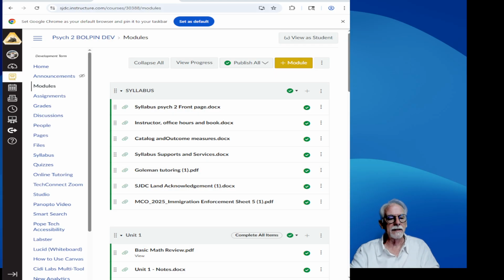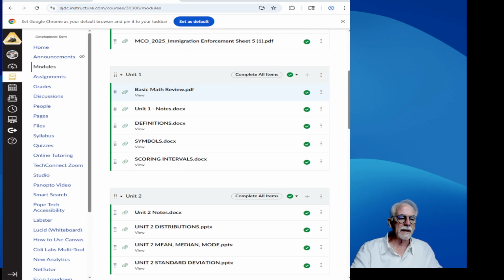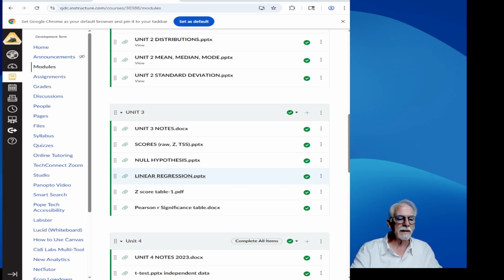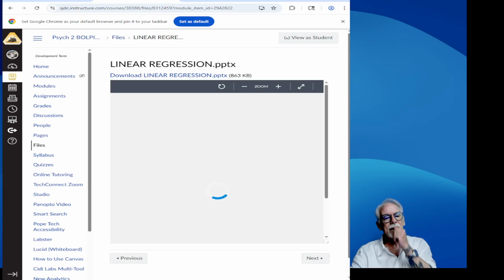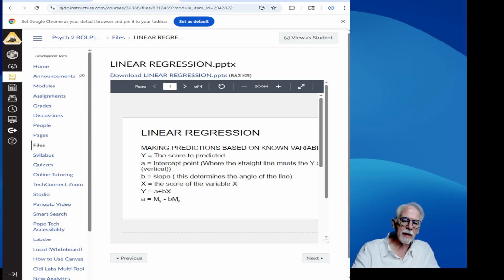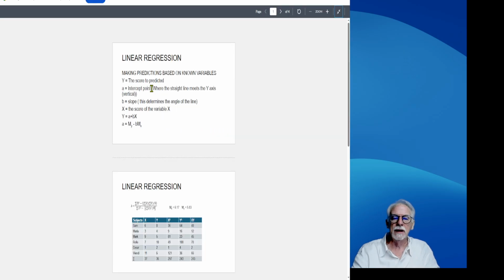As usual, I got a little PowerPoint to go along with this. Hopefully it works. And again, I'm going to back out of the picture so you can see this better. Like I said, linear regression is how we make predictions based on the variable we know.